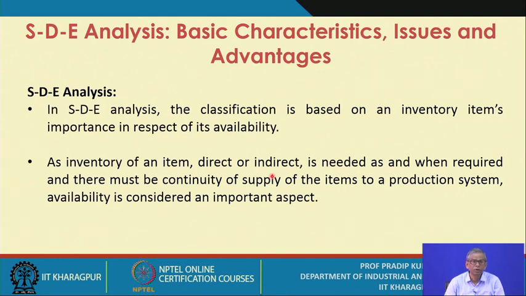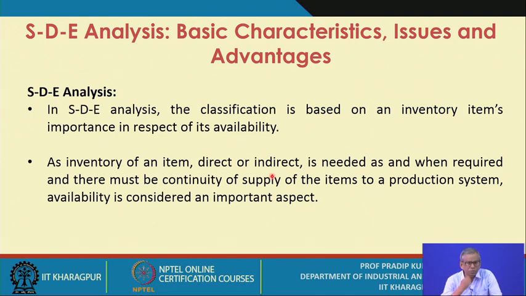We have already discussed in detail, with a few numerical examples, 4 specific classification schemes. The first one is known as HML analysis, based on the unit price of the item.